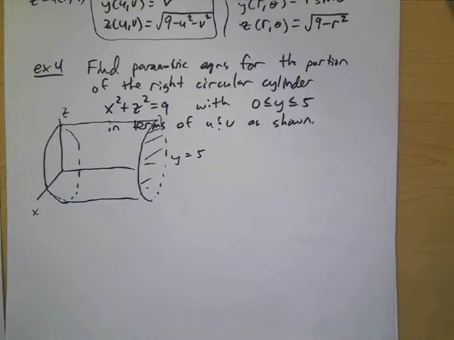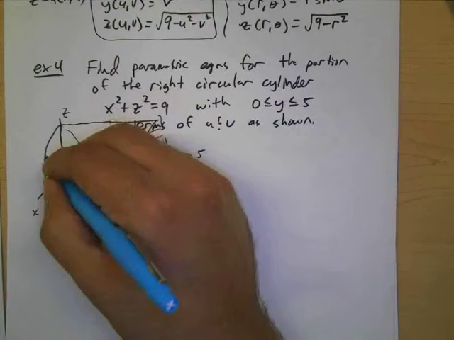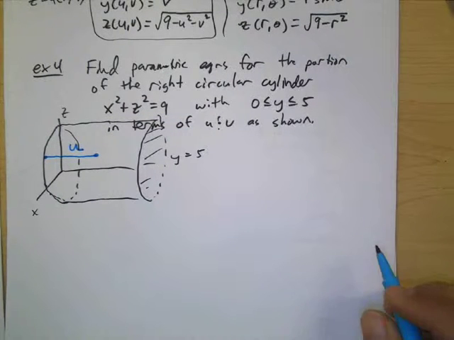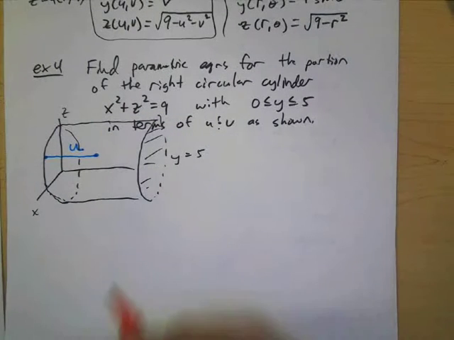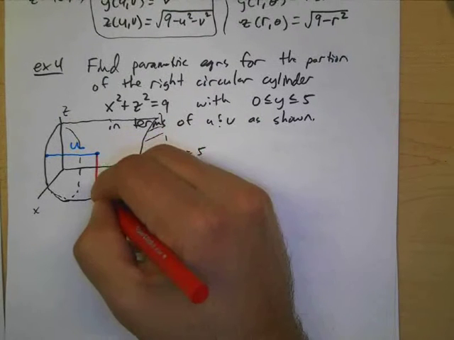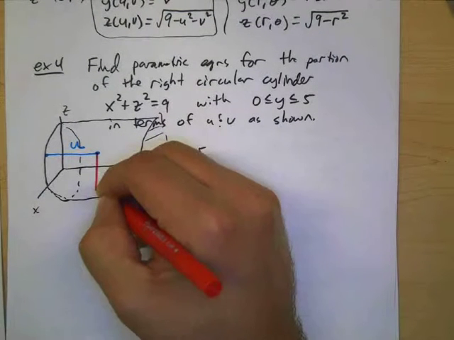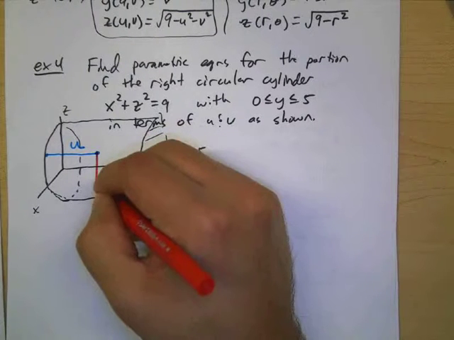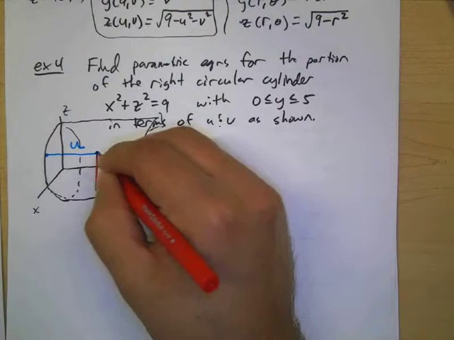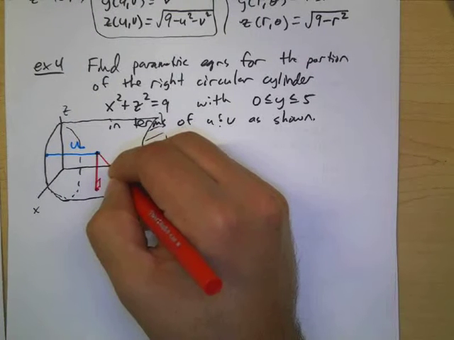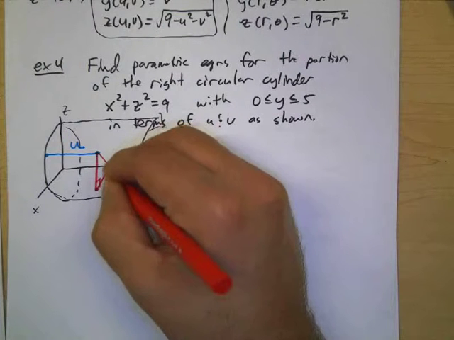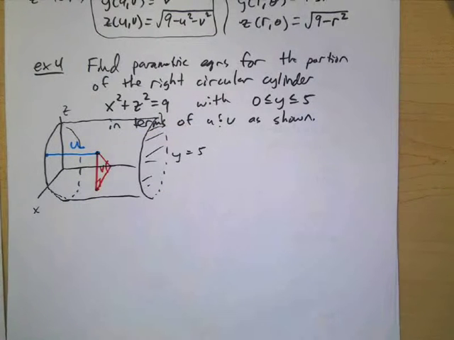And now, here are the variables. This is u. And there's v.